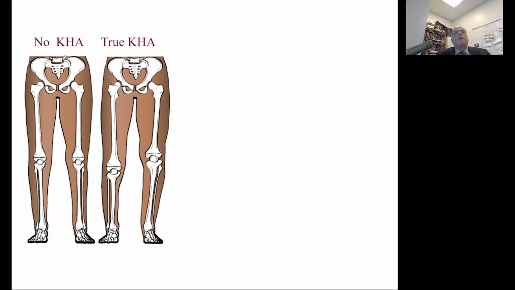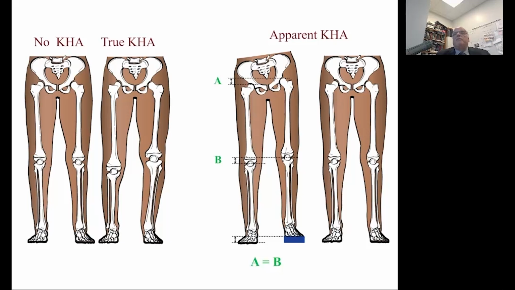In the next one, the pelvis is level, however, there is an obvious knee height asymmetry. As you can see here, the most important factor in having a knee height asymmetry is above the knee. So if the femurs are unequal, you will get a knee height asymmetry irrespective of what happens below the knee.